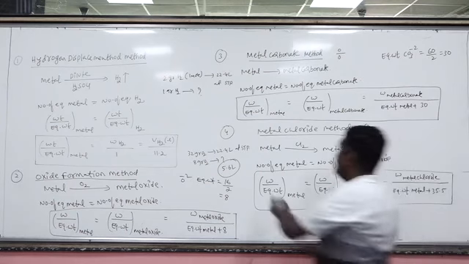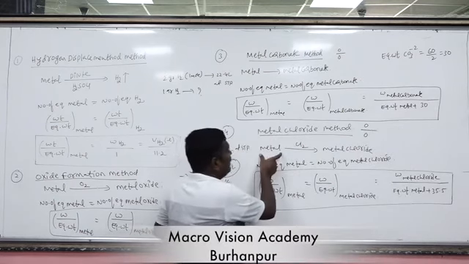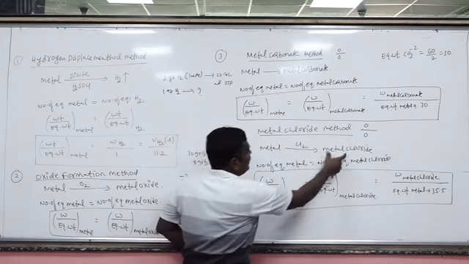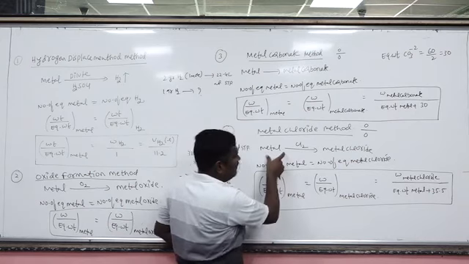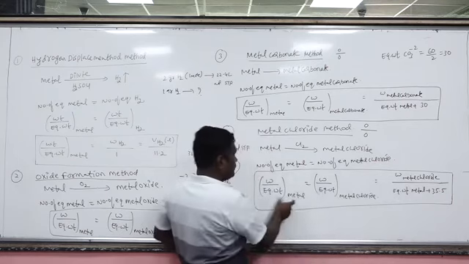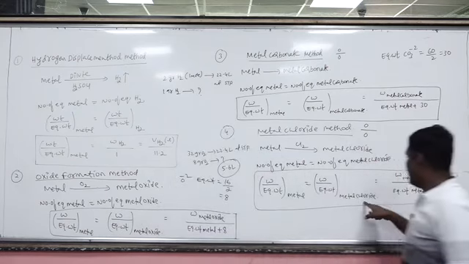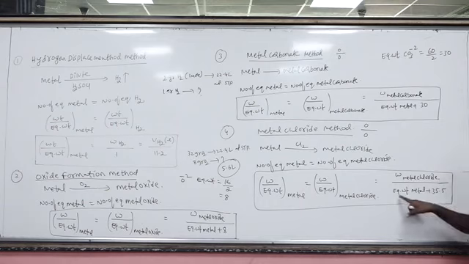And one more method is there, the chloride formation method. Let's suppose when a metal is exposed to chlorine vapor, it will be converted to metal chloride. So here the concept is number of equivalents of metal equals number of equivalents of metal chloride. Again the equivalents are equal. Here, equivalents corresponding to metal chloride is the weight of metal chloride divided by equivalent weight of metal chloride, which is equivalent weight of metal plus equivalent weight of chlorine.